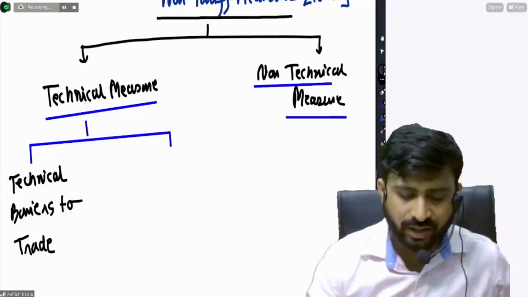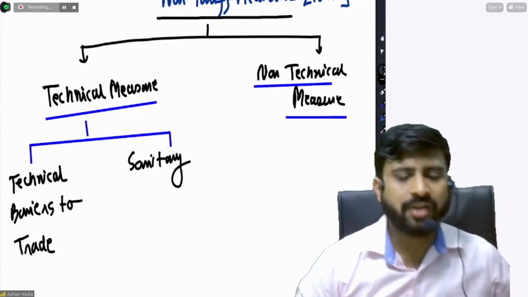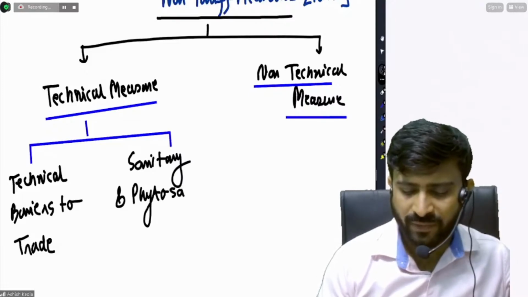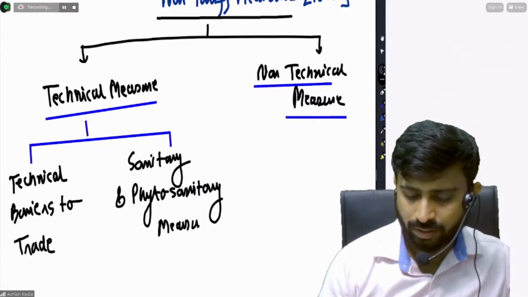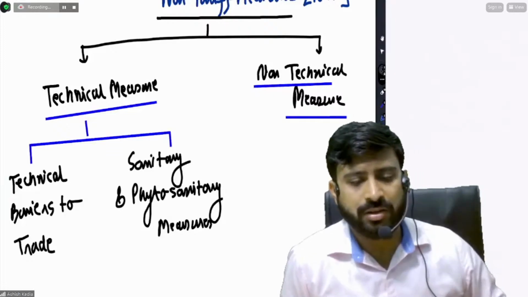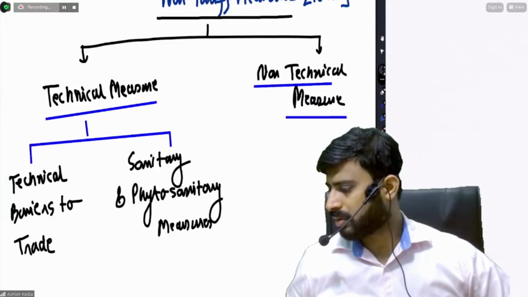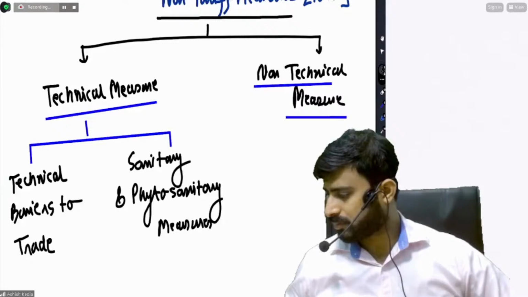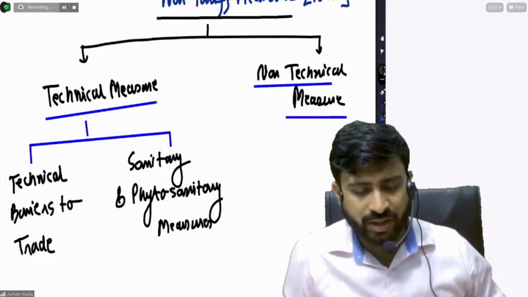And then we have sanitary and phytosanitary measures. Is that clear, everyone? Sanitary and phytosanitary measures. Okay.